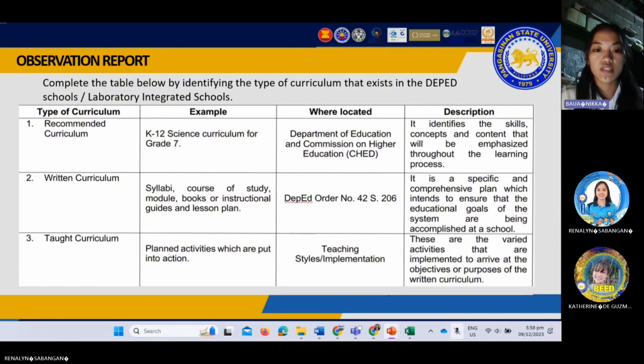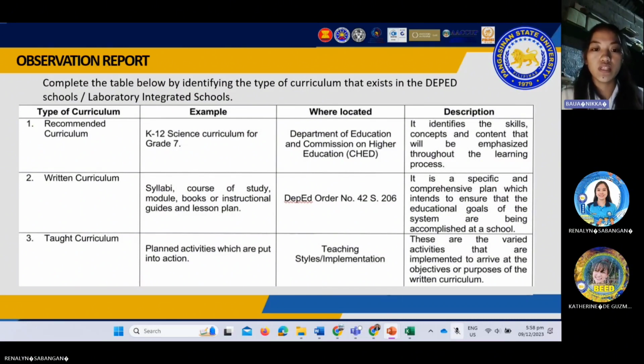The example of this is the syllabi, course of study, module, books, or instructional guides, and lesson plan. Located in DepEd Order number 42 s. 2016, and it is specific and intends to ensure that the educational goals of the system are being accomplished at a school.